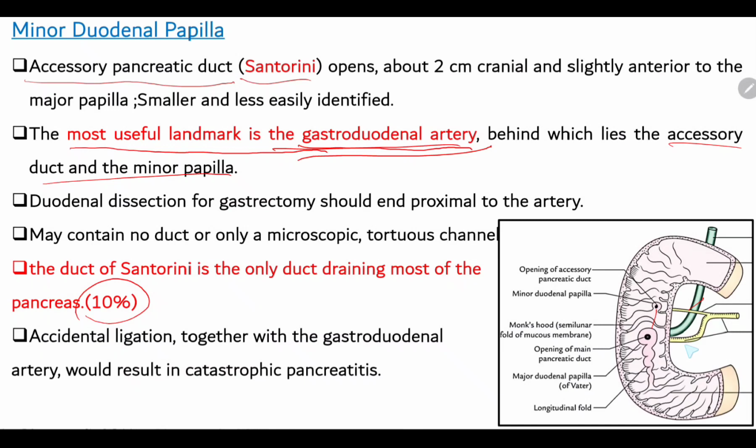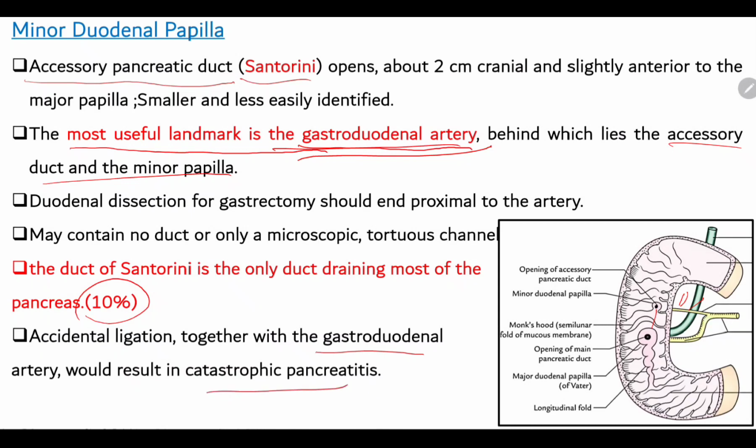In that case, the whole pancreas is drained only by the minor pancreatic duct. I told you the gastroduodenal artery is present just behind the minor duodenal papilla. Accidental ligation of this minor pancreatic duct along with the gastroduodenal artery causes catastrophic pancreatitis.